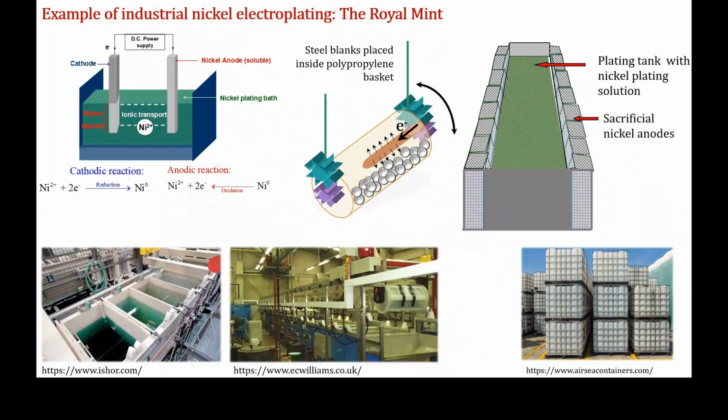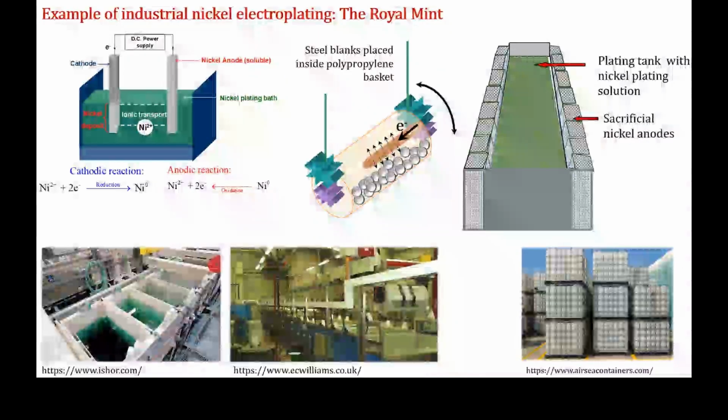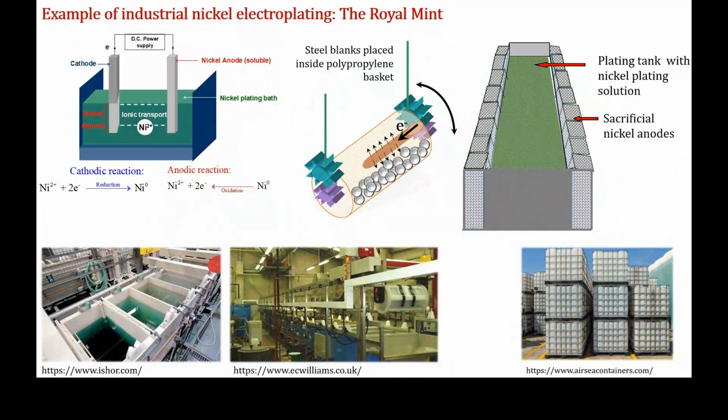filled with aqueous solution containing a nickel salt. At the edges, along the walls of the basket, you have little spheres of nickel in fabric bags. They're your anodes that are permanently in the plating tank. Then you immerse the basket containing the coins you want to plate into the plating bath, and the basket starts rotating. The coins start tumbling about, and the plating happens when the coins touch the central rod through which current is being applied.